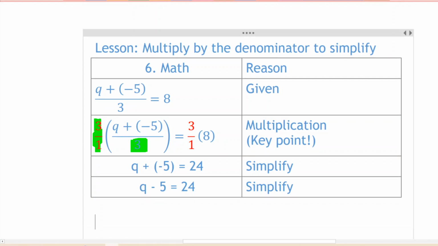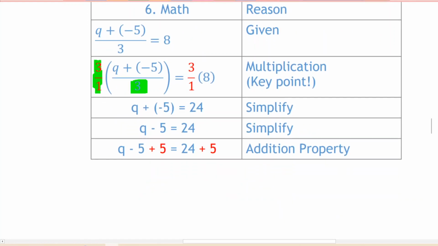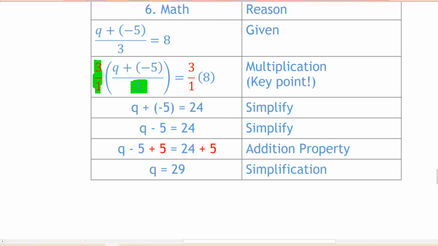Now this looks exactly like the way that we want things to look. We have a linear term plus a constant term equals another constant. So I'm going to create that 0 pair with the constant. And that gets me to q equals 29.